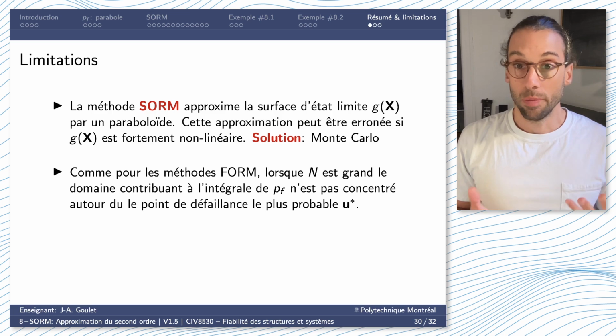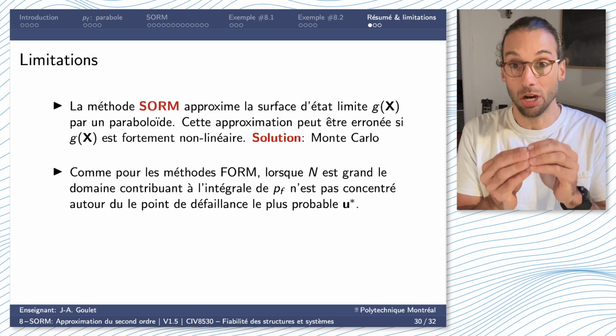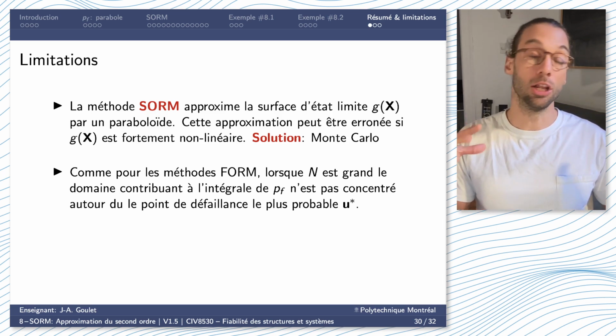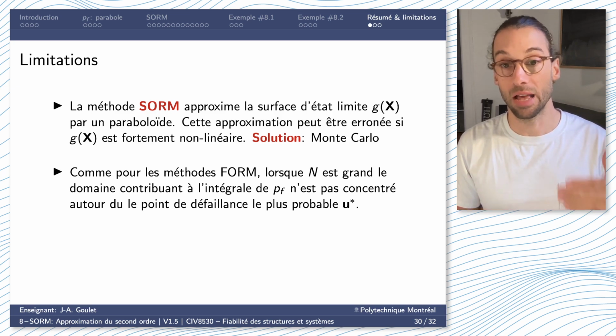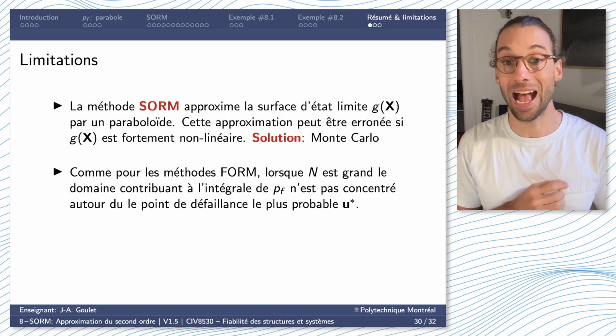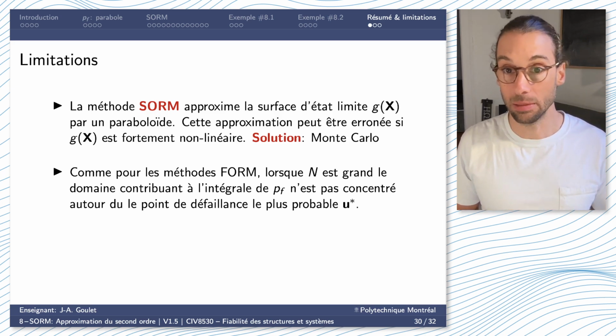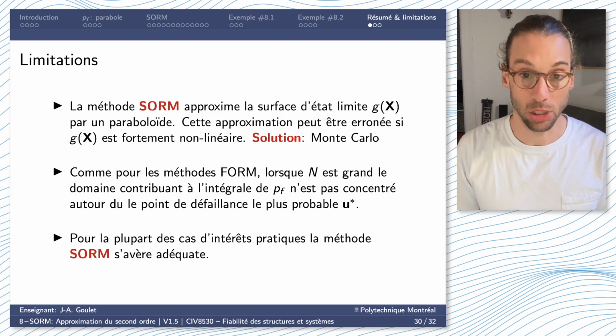So just like for FORM, when we have a large number of dimensions, the probability content located at U star is fairly diluted in the large exponentially growing volume of space. So in that case, we might have a limited accuracy for the SORM method, just like we had with FORM as the number of dimensions grow. That being said, for practical application, typically FORM and SORM perform really well for structural applications.